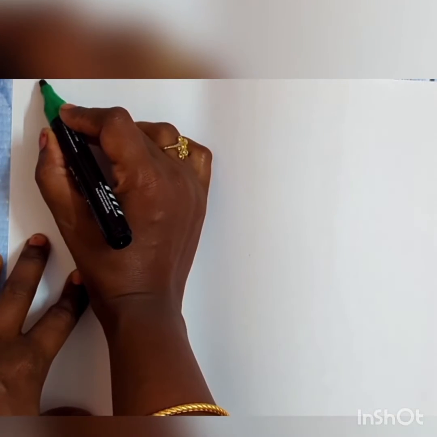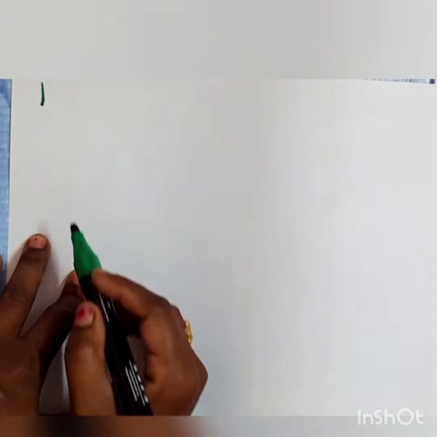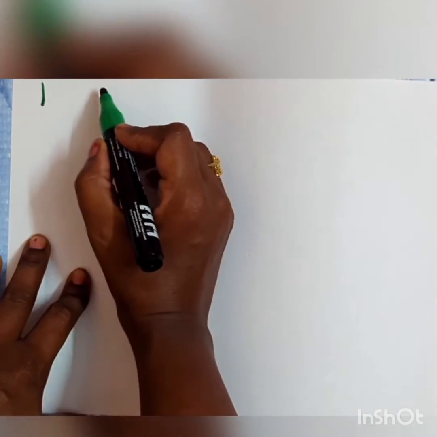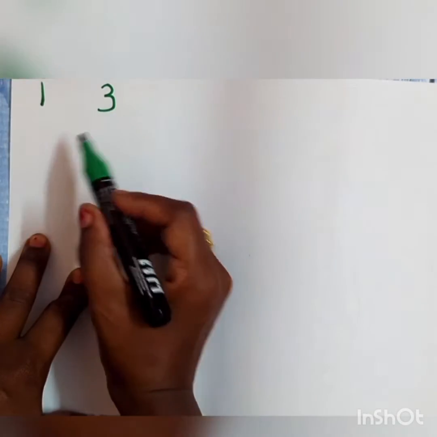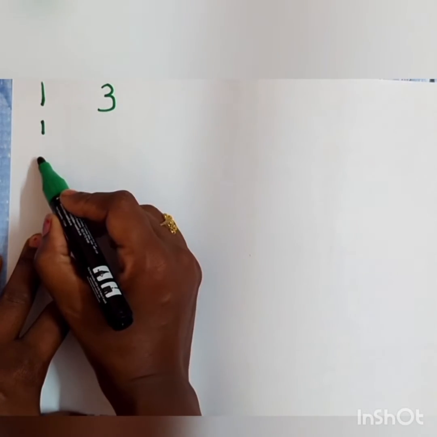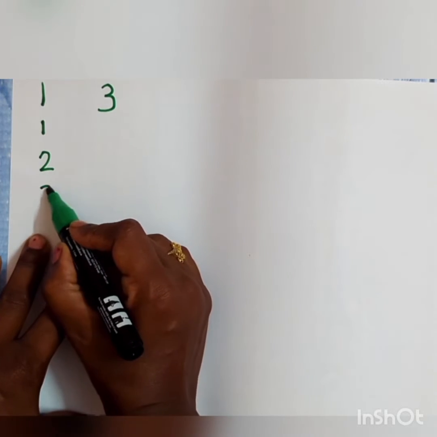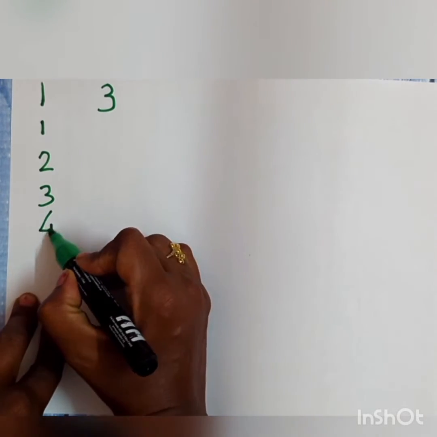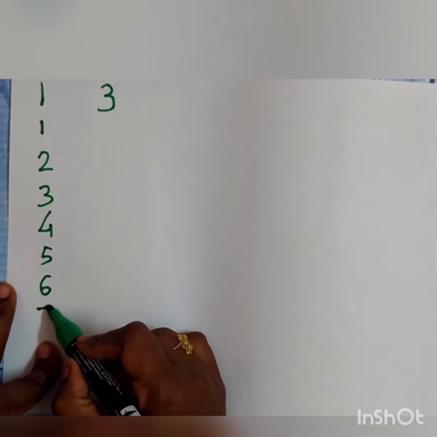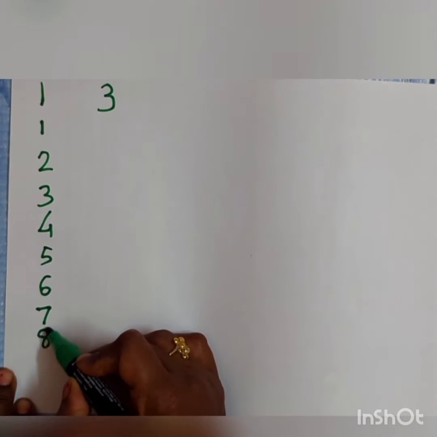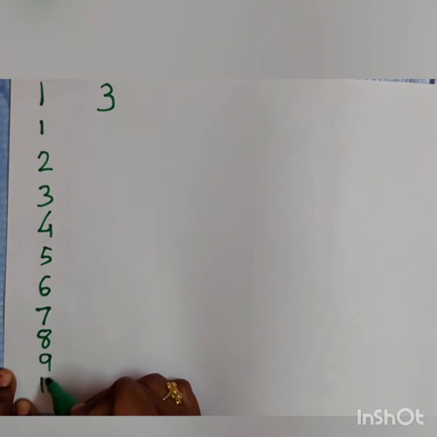For this, we'll take the example of the 13 times table. That is 1, 3. For the 13 times table, we should write the tables of 1 and 3. 1 ones are 1, 1 twos are 2, 3, 4, 5, 6, 7, 8, 9, 10.